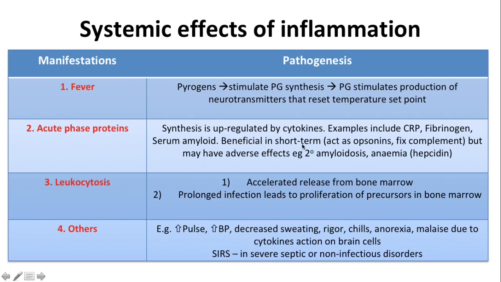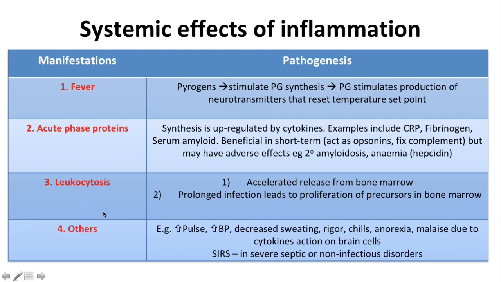So the liver will produce more in the presence of stimulation by the cytokines. And fibrinogen in particular will cause the RBC to bind and form rouleaux formation, which forms the basis of a high erythrocyte sedimentation rate, which is also one of the parameters of inflammation.